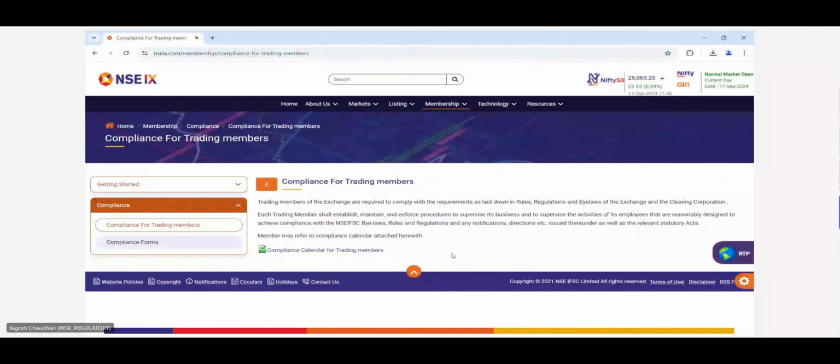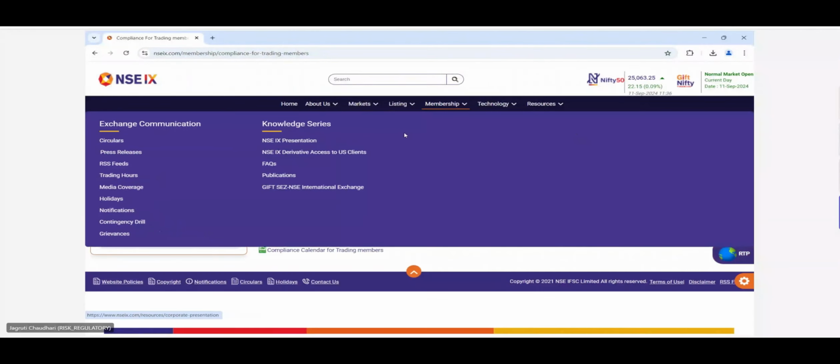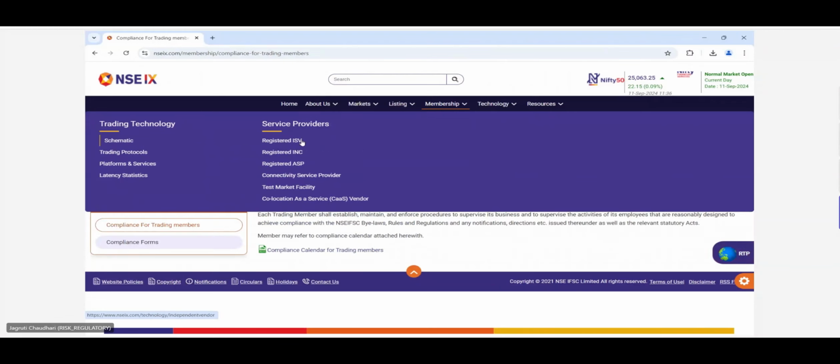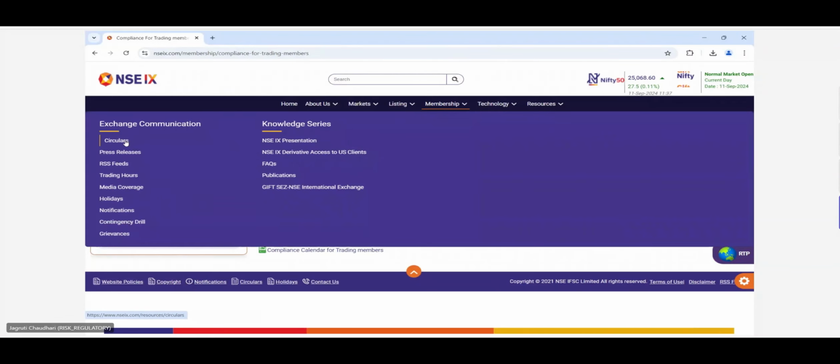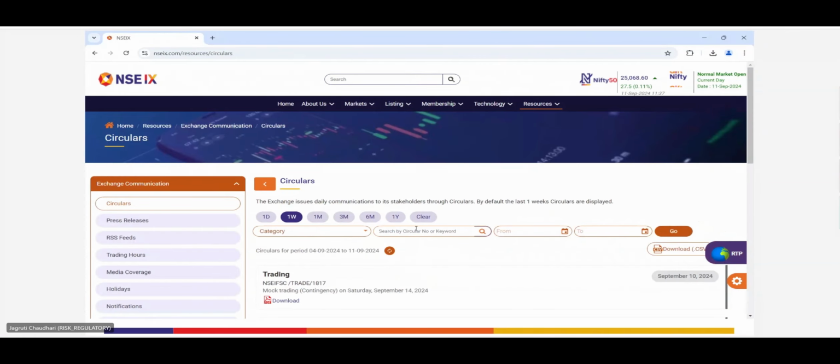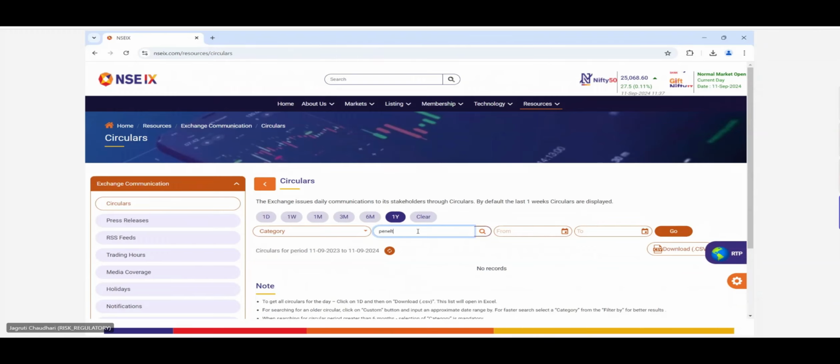Another thing is that if members directly want to see any circulars, they are in the resources tab, and from the resources you can see the circulars. Suppose I want to know about the penalty structures.